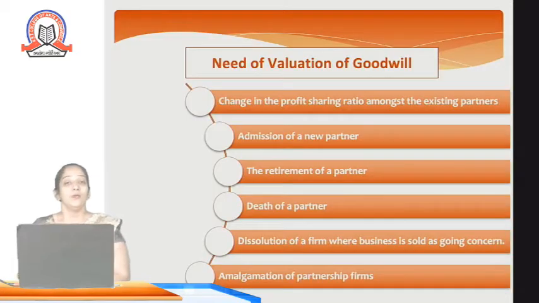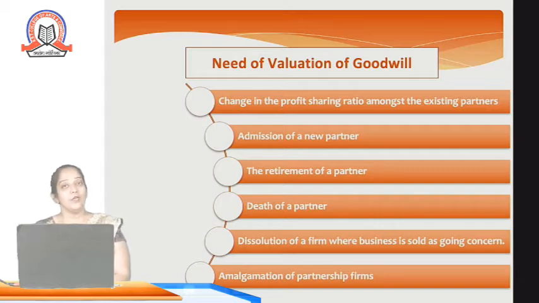Now, what is the need for valuation of goodwill? Why is it required to value the goodwill? First of all, change in the profit sharing ratio among the existing partners. For example, if we have a partnership firm and the profit sharing ratio of the partners is changed, like previously it was equal, and now there is a change, like 2:1 or 3:1.